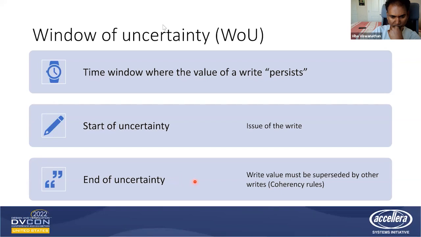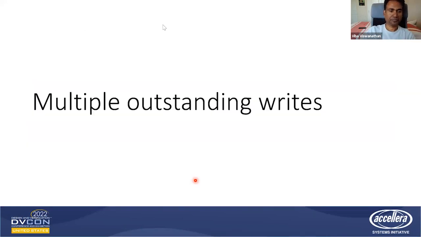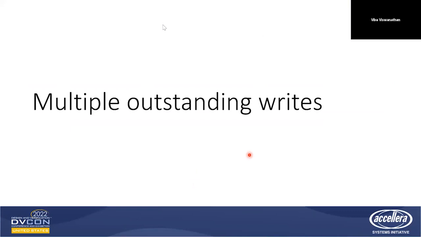Now that we understand the window of uncertainty, we will use this concept to deal with multiple outstanding writes. In this section, we will consider multiple outstanding write cases for the same actor versus different actors. In the next few slides, we will consider how the end of the window of uncertainty is different when writes are issued from the same actor versus when the writes are issued from different actors.